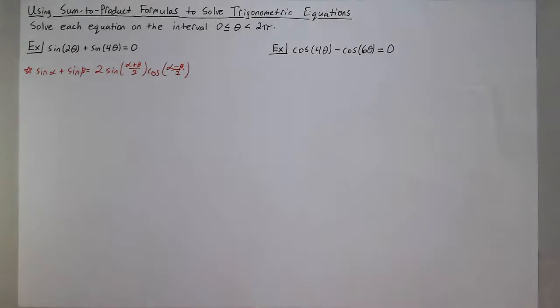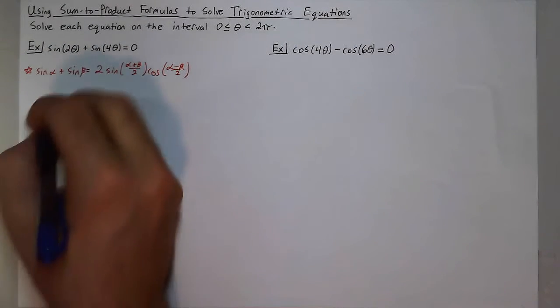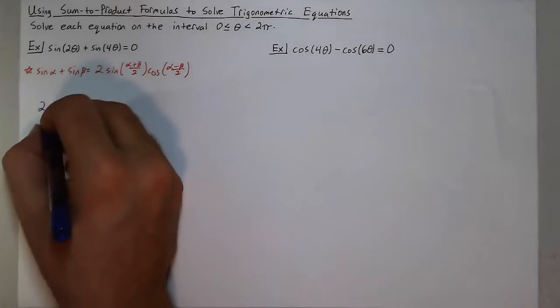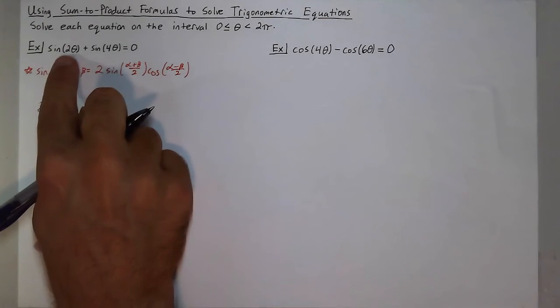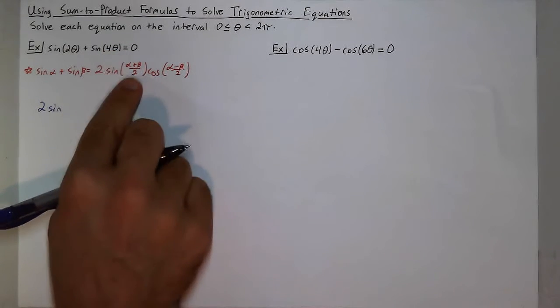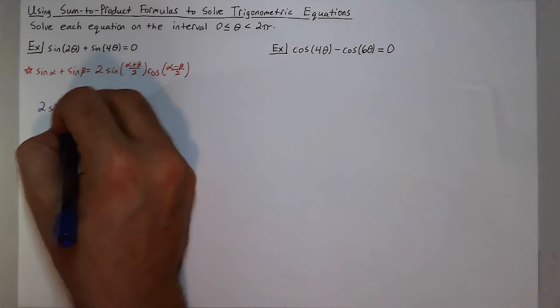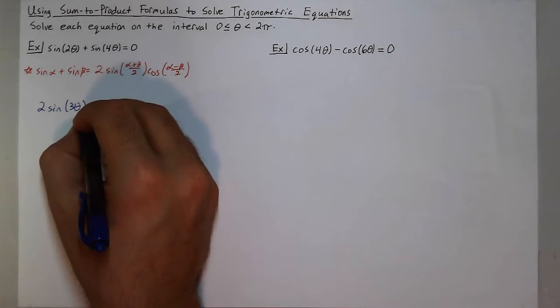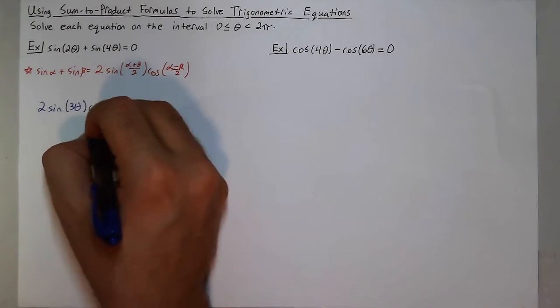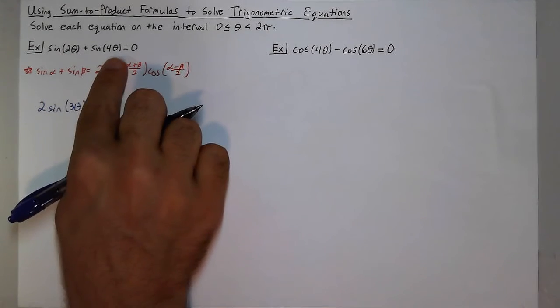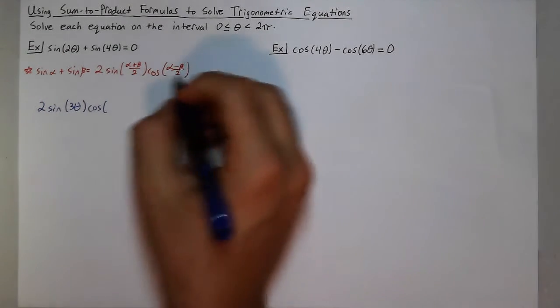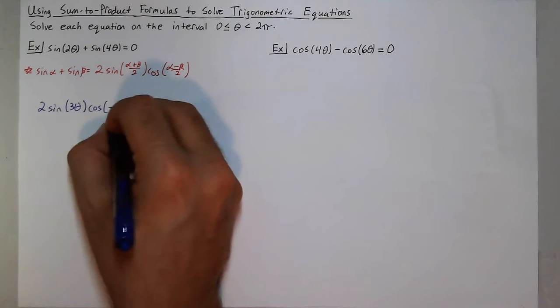So knowing this, I can rewrite this equation as 2 times sine of 2 theta plus 4 theta, which is 6 theta, divided by 2, so that's 3 theta, times cosine of 2 theta minus 4 theta, which is negative 2 theta, divided by 2, which is negative theta.